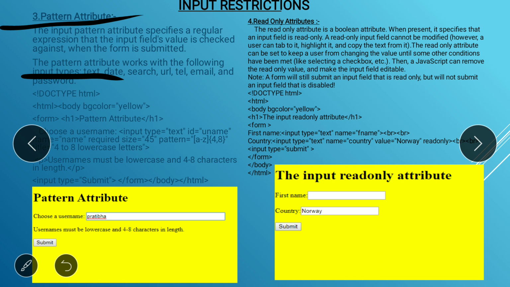You can see there are different telephone numbers used in different countries, or different parts or states of the countries. You can set the pattern for the telephone also. You can set the email pattern and password also. You can also set the password pattern, right?